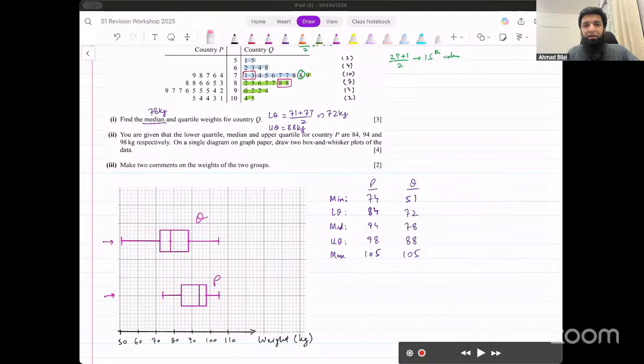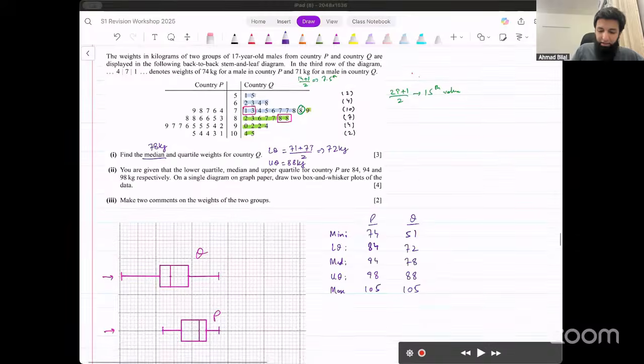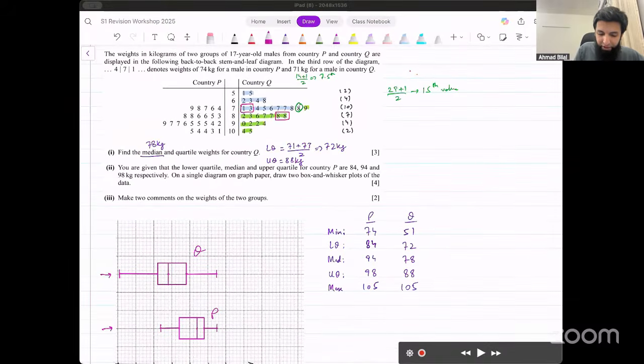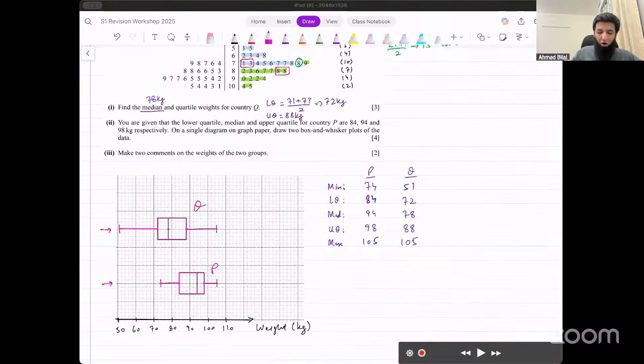In S1, when they ask you to make comments like this, you have to put those comments in context. The examiner needs to understand that you are able to interpret the given information, and based on the context of the question, the comments should be related to that. So for example, in this case, they gave us weights of two groups of people, one from country P and one from country Q. When we make this comment on median now, we will say on average.